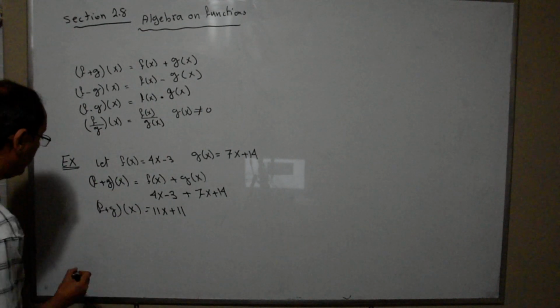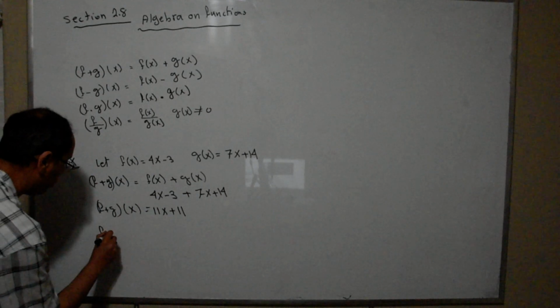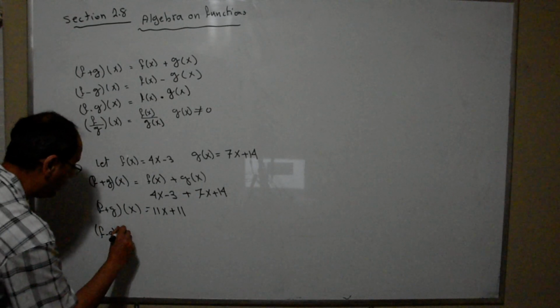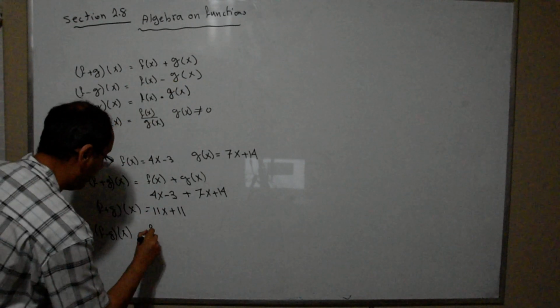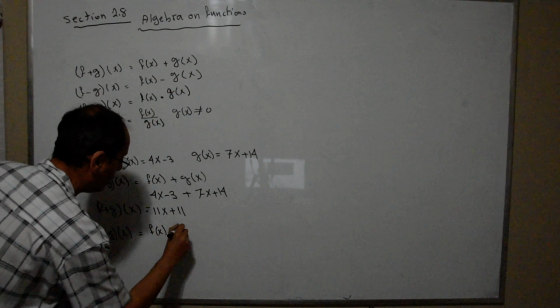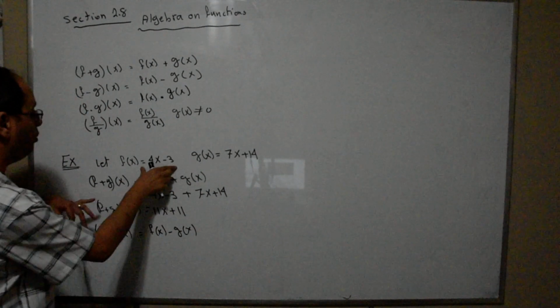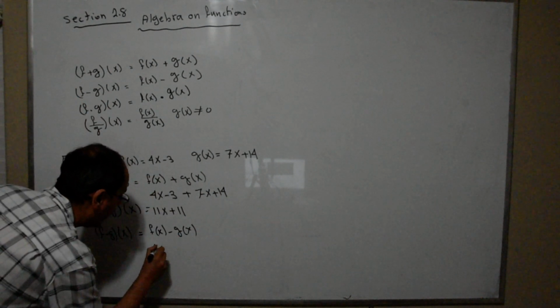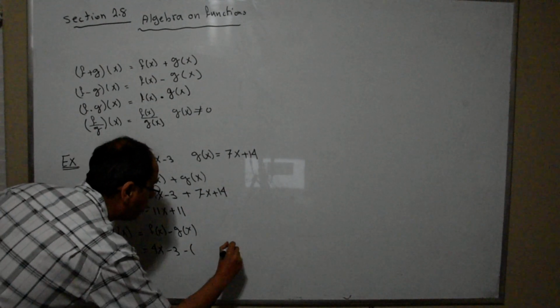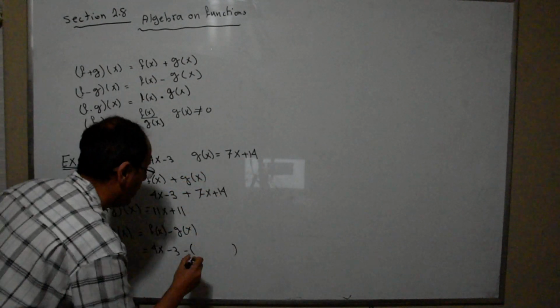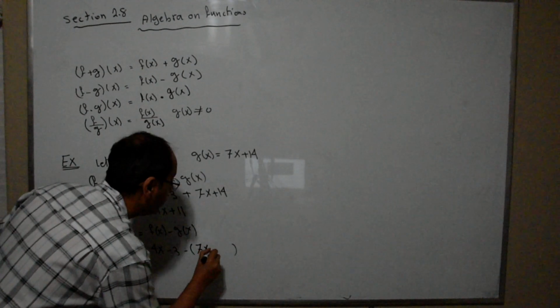Alright, let's do the subtraction. f minus g of x equals f of x minus g of x. And again, what is f of x? 4x minus 3 minus, let's put that in parentheses, 7x plus 14.